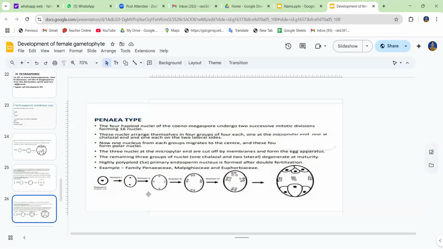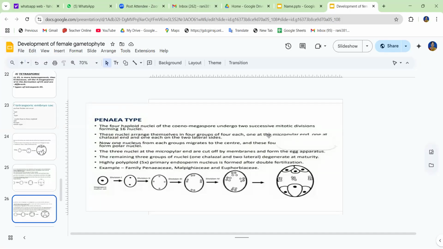And the third type is the Penaea type. In this type, the 16 nuclei lie in 4 distinct quarters. You can observe the diagram here. The 4 haploid nuclei of the coenomegaspore undergo 2 successive mitotic divisions, forming the 16 nuclei.